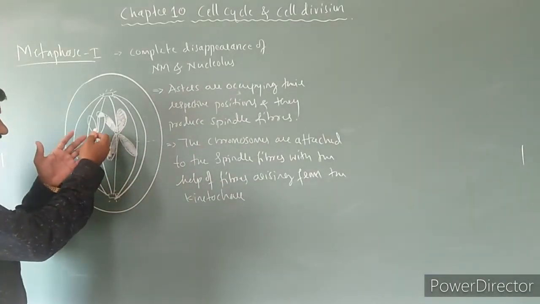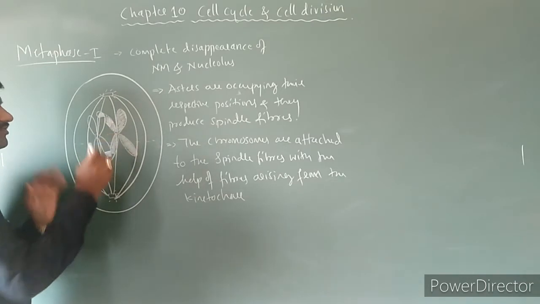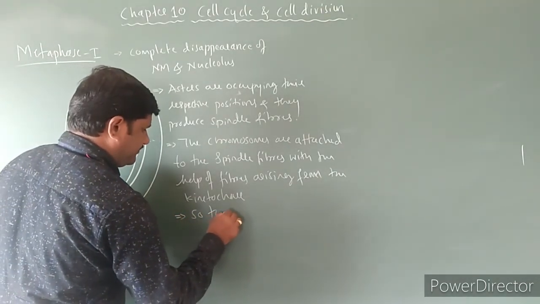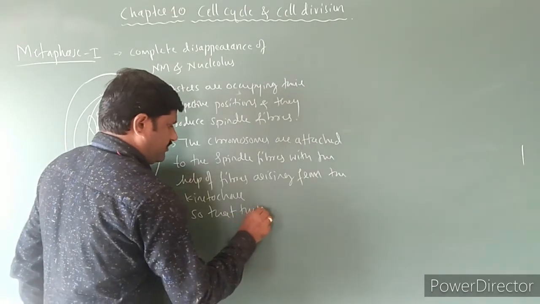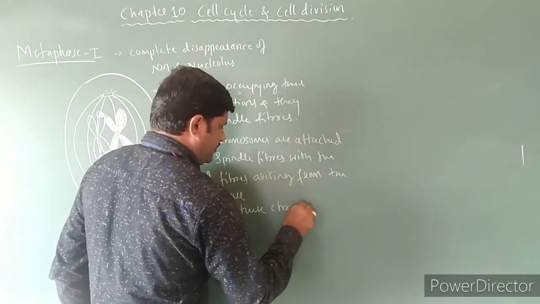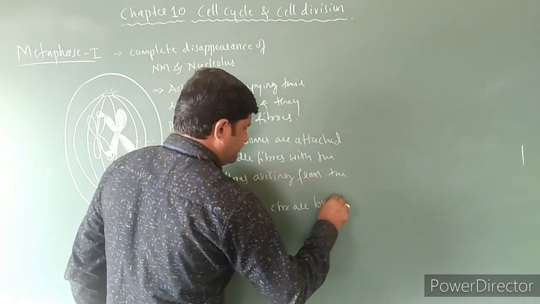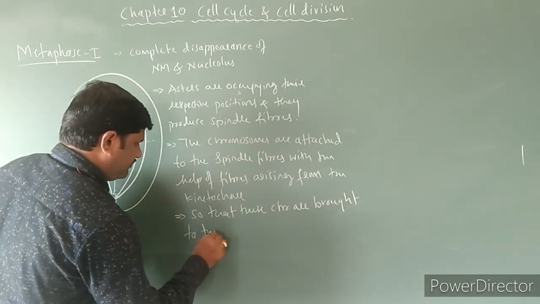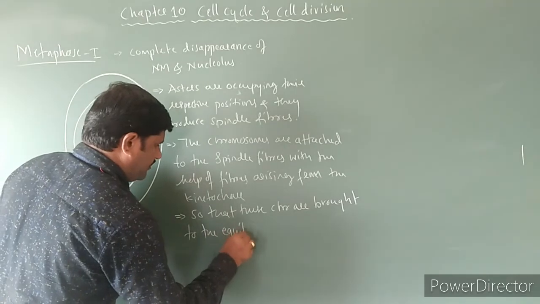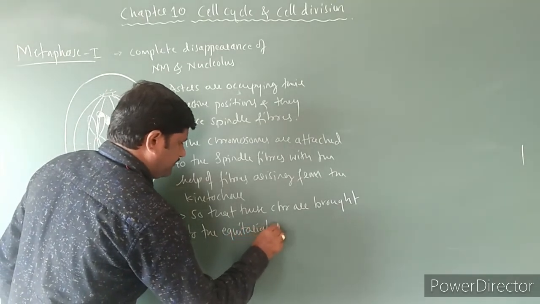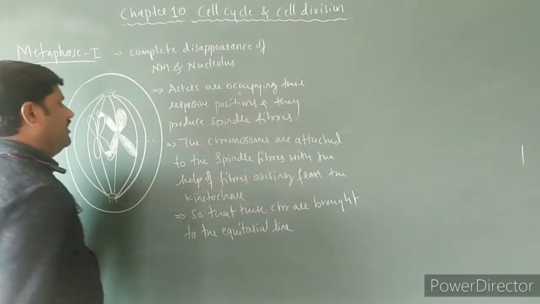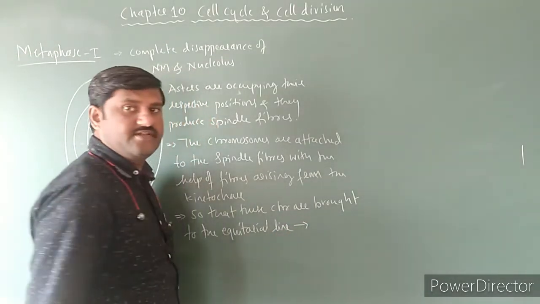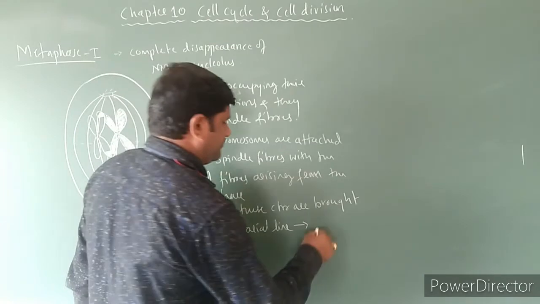Kinetochore. So that these chromosomes are brought to the equatorial line. They are brought to the equatorial line, and that process itself is called congression.